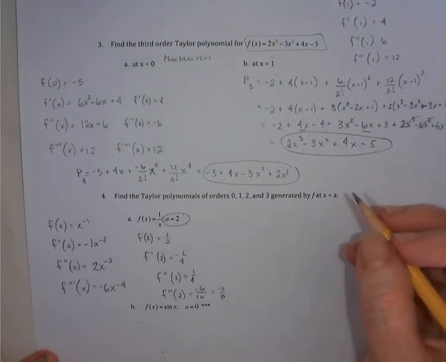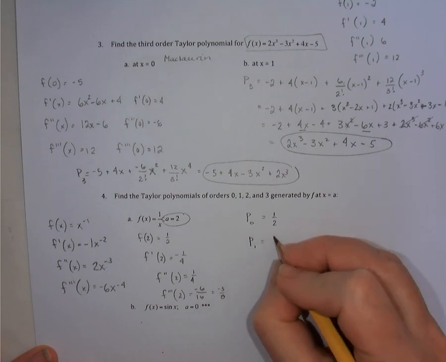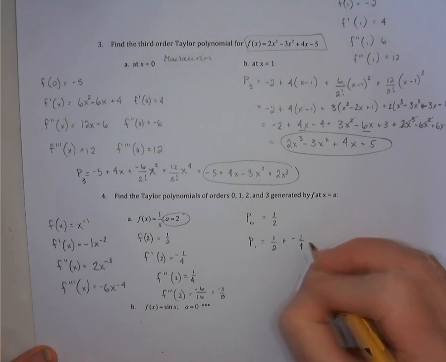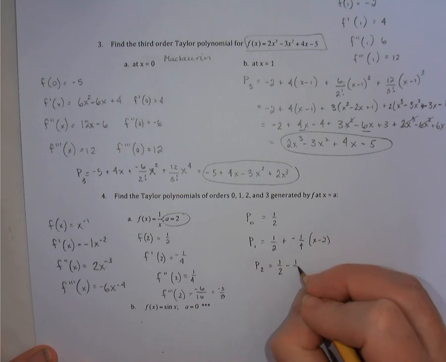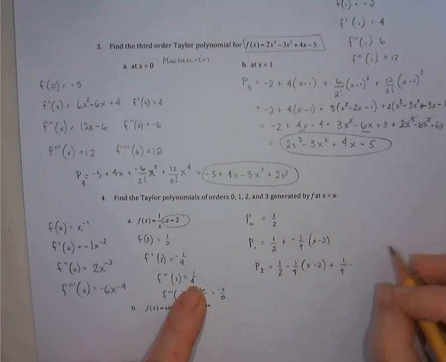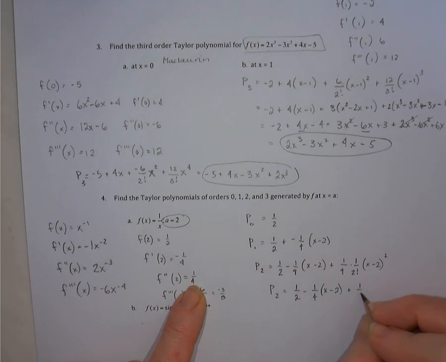Okay, now let's work this out. Our polynomial of degree 0 is just 1/2. Degree 1 is linear: 1/2 plus negative 1/4 times (x minus 2). P sub 2 is 1/2 minus 1/4 (x minus 2), and then plus 1/4 divided by 2 factorial, so times 1 over 2 factorial. So P sub 2 simplifies to 1/2 minus 1/4 (x minus 2) plus 1/8 (x minus 2) squared.